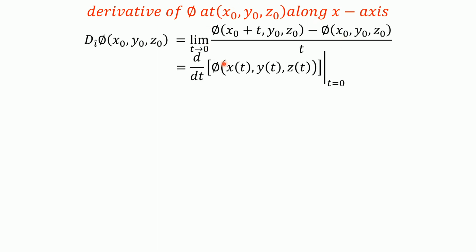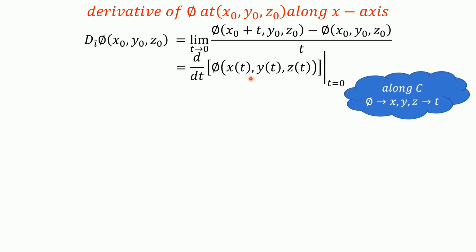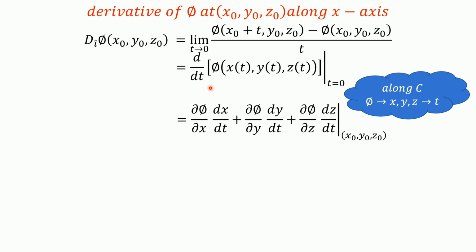So this is d by dt of phi, and because phi is a function of x, y, z, which are functions of t, by the chain rule we get this as delta phi by delta x into dx by dt plus delta phi by delta y into dy by dt plus delta phi by delta z into dz by dt.